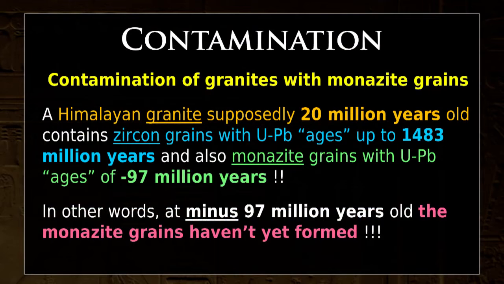And one mineral grain gave an age, with uranium lead dating, of up to 1,483 million years for a 20 million year old granite rock. And other grains gave an age using the same uranium lead dating method of minus 97 million years. In other words, the grains hadn't formed yet. They're still going to form 97 million years to come. So, I mean, it shows you the problems because of these flawed assumptions.